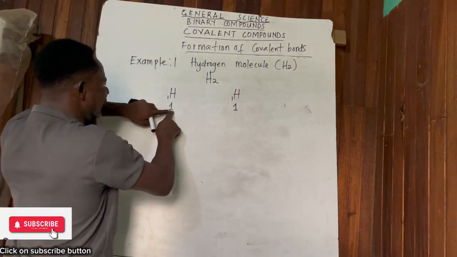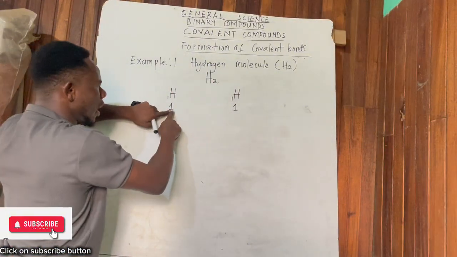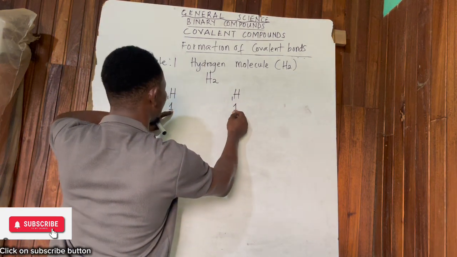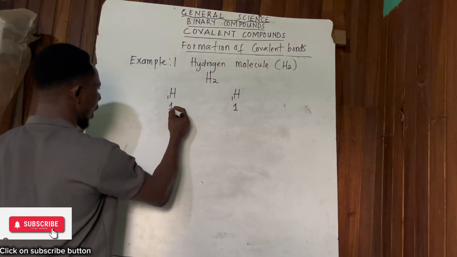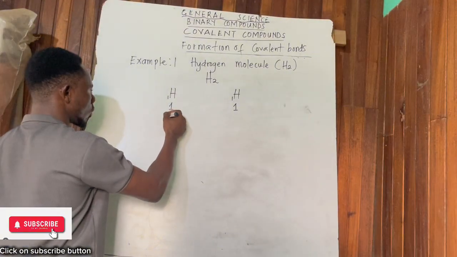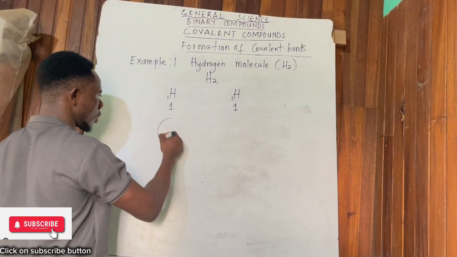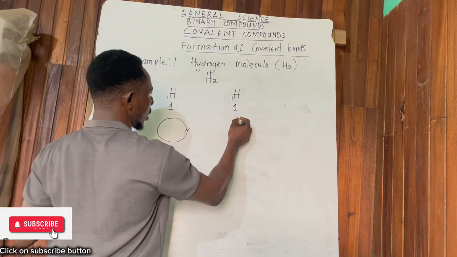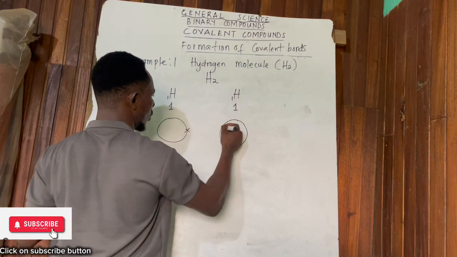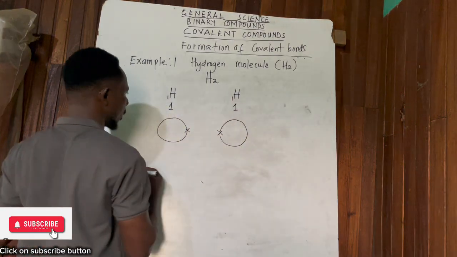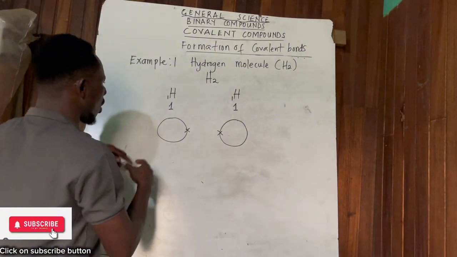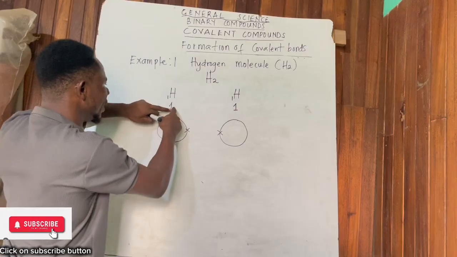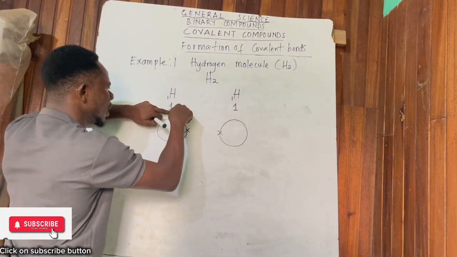The hydrogen here is going to share one, and the next hydrogen here is also going to share one. So I have one hydrogen here, and I also have one hydrogen here. The number of electrons it needs to be stable is one.